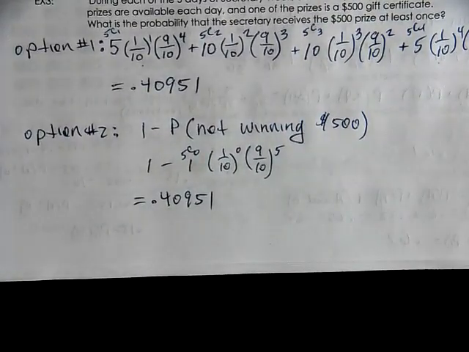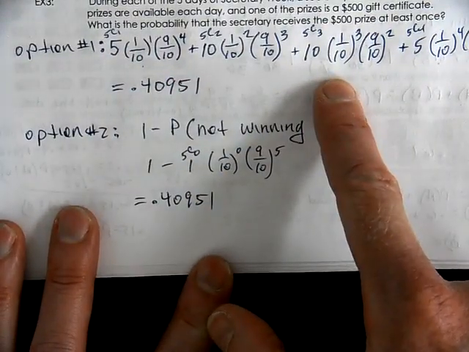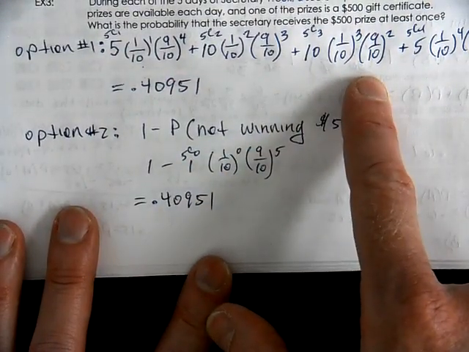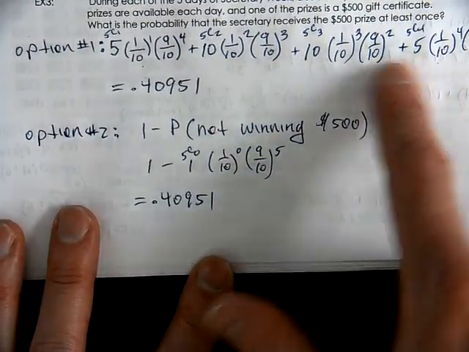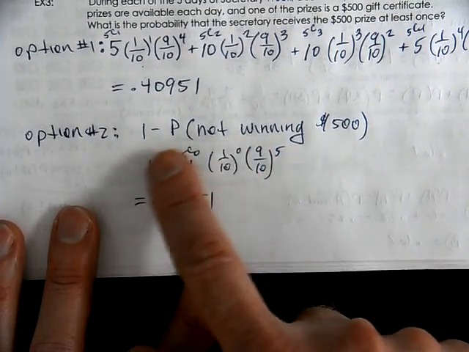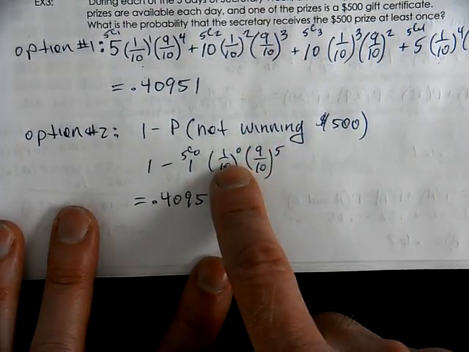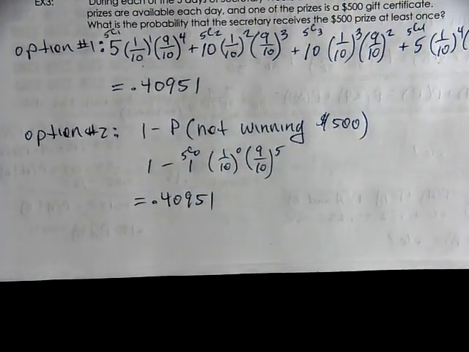So either way you want to do it, this way makes a lot of sense. It's a lot more calculations, more spots to get confused. This is the subtraction method that we've used in several different problems. And you see that we can actually get the same exact answer.